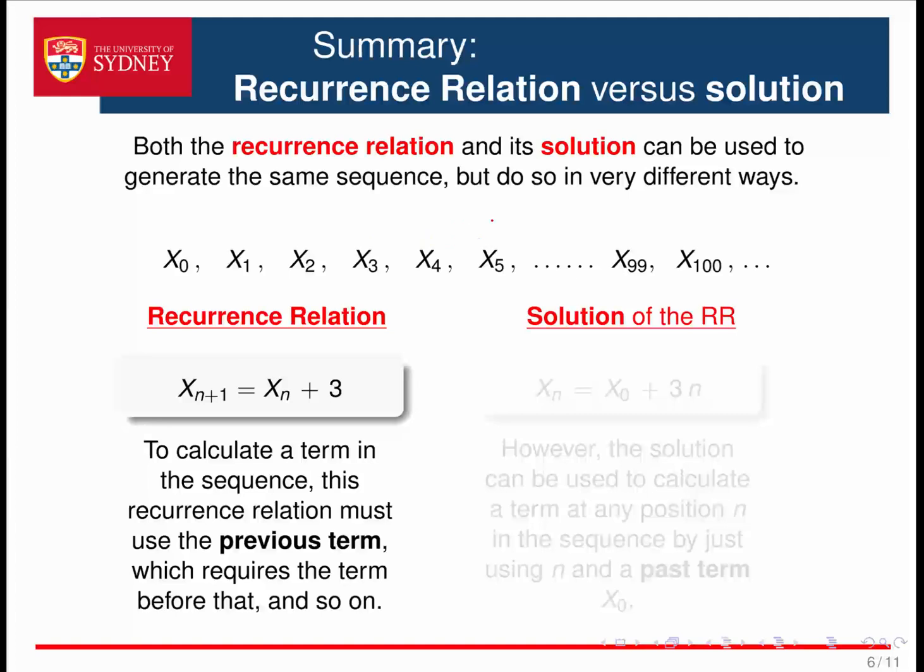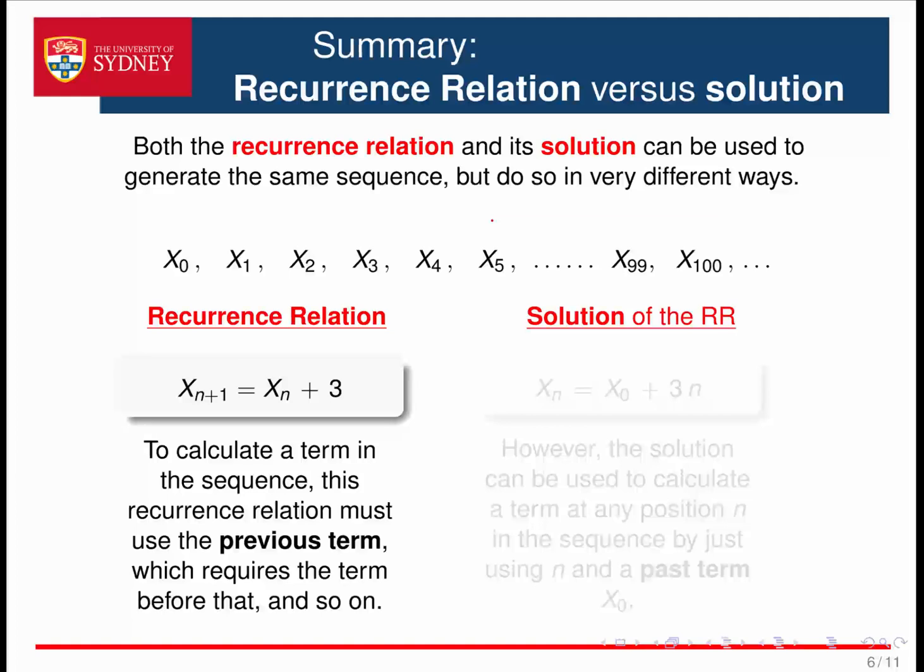So to calculate x100, we would have to use the recurrence relation all of 100 times. We see that using the recurrence relation to calculate a given term in the sequence means that we have to calculate every term before that.